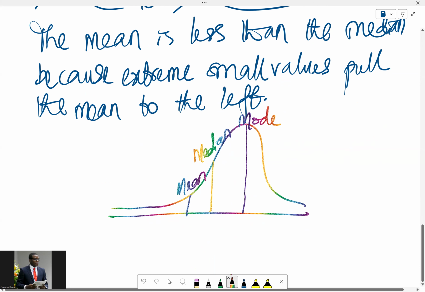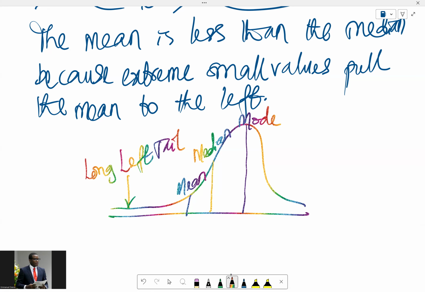And the big deal is that it has a long left tail, which is this now. So you say it's negative skewed. Okay. So that's the thing about skewness.